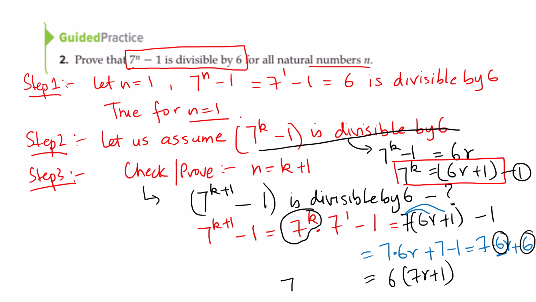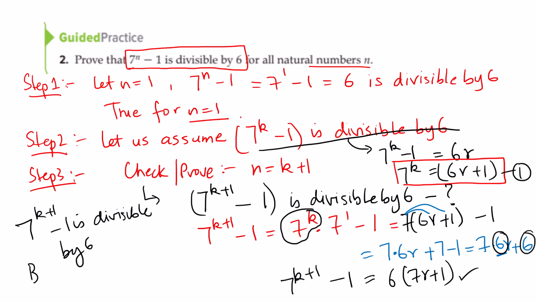Again, like the previous question, similarly, we can say that 7 to the power k plus 1 minus 1 is a multiple of 6 for some r. And the moment it becomes a multiple, we can say that 7 to the power k plus 1 minus 1 is divisible by 6, and hence for k plus 1 it is true.